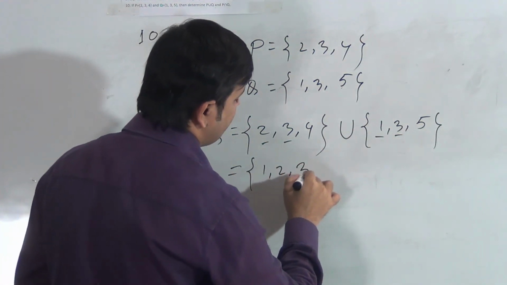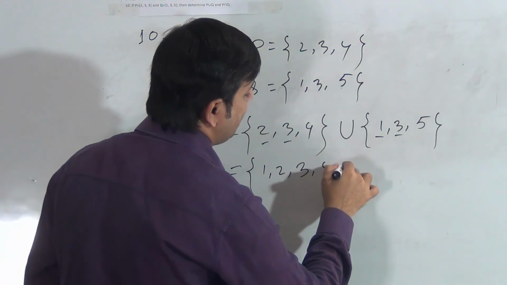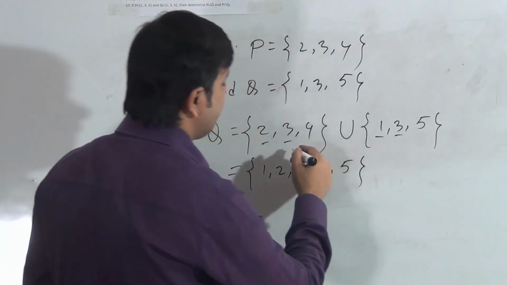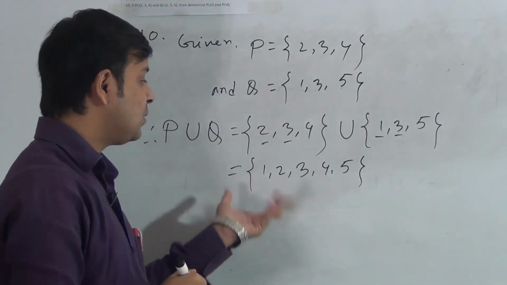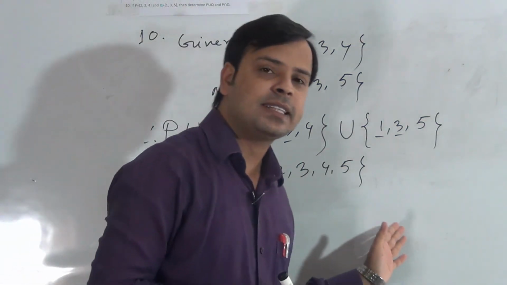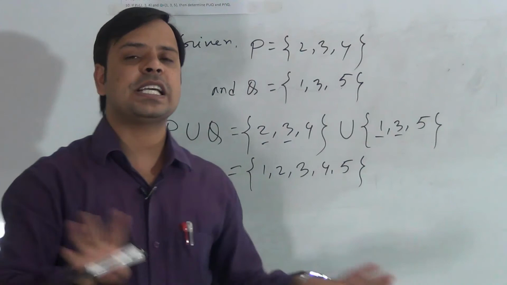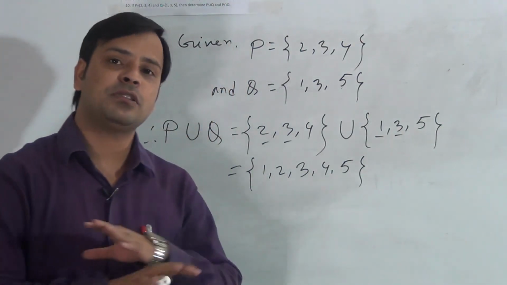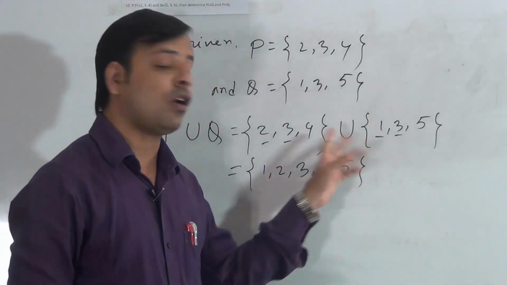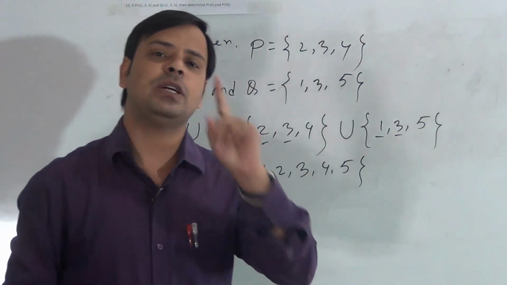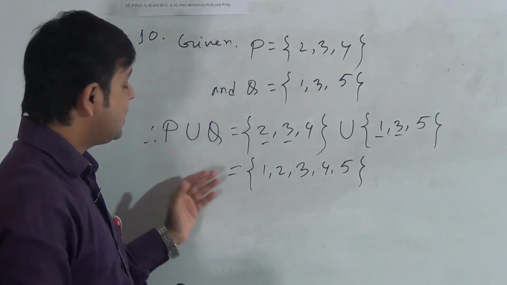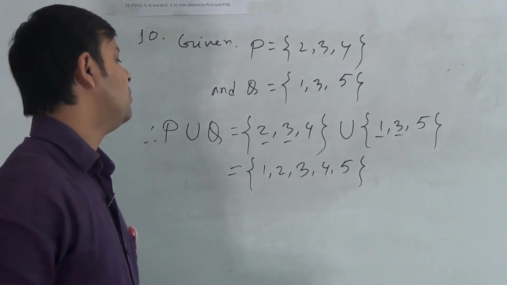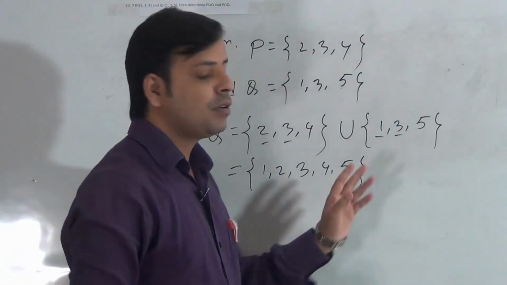Then 4, 5. I did not write this 3 two times. Dear students, remember that when you write any set, you can't repeat any element. If any element is common, you write it only one time. So this is P union Q: 1, 2, 3, 4, 5.